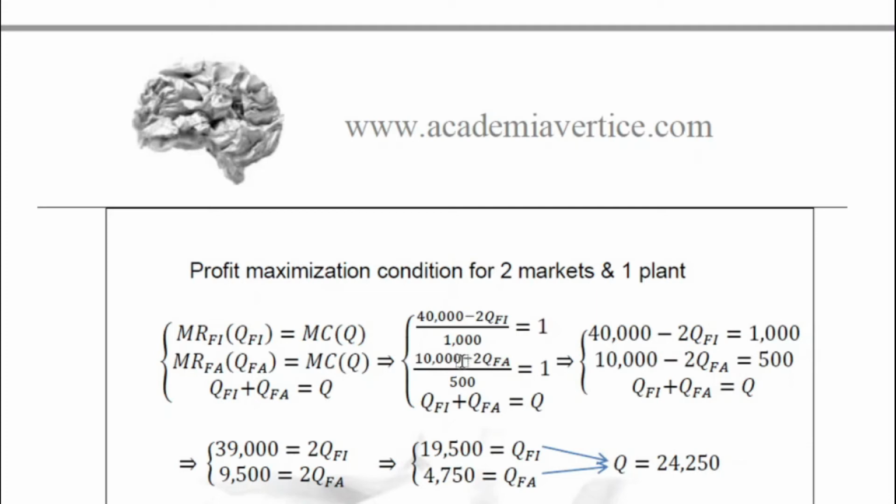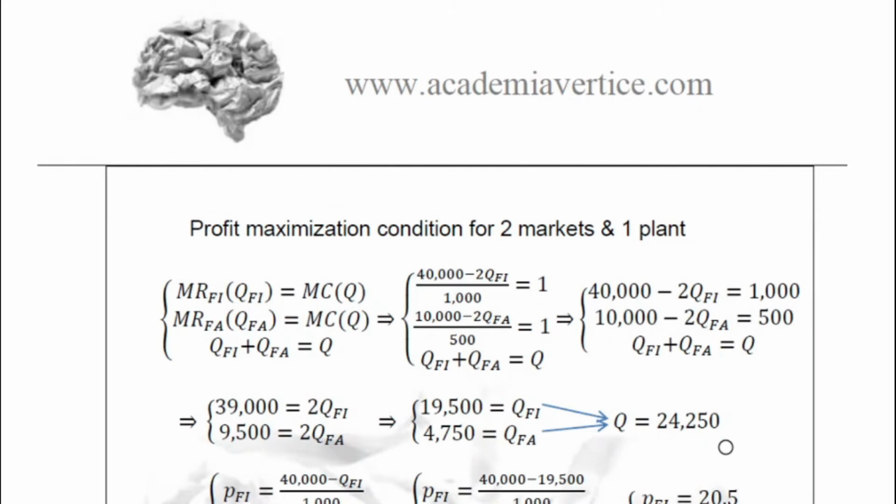Okay, we pass multiplying 1,500 here, and then isolating properly, q is equal to 19,500 for firms and 4,750 for families. So in total 24,250 units are sold.